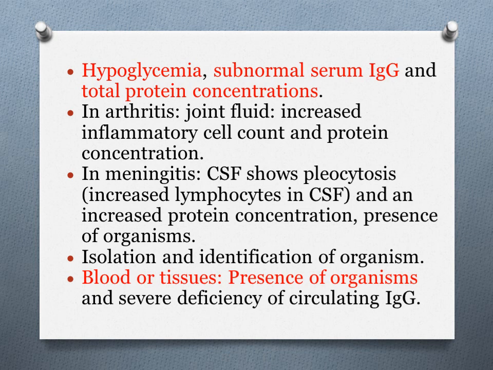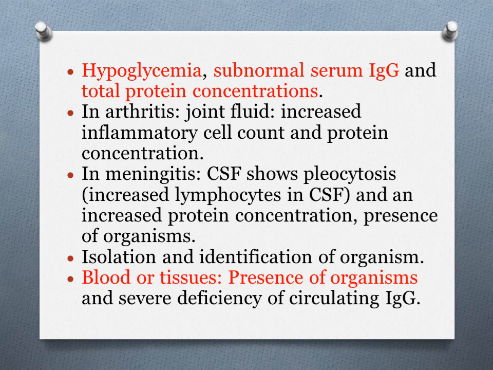In arthritis, the joint fluid shows increased inflammatory cell count and protein concentration. In meningitis cases, the cerebrospinal fluid shows pleocytosis, that means increased cells in the cerebrospinal fluid, and an increased protein concentration in the CSF.